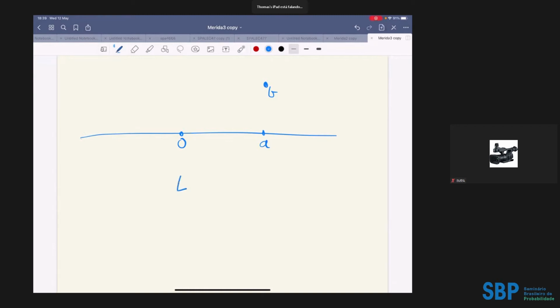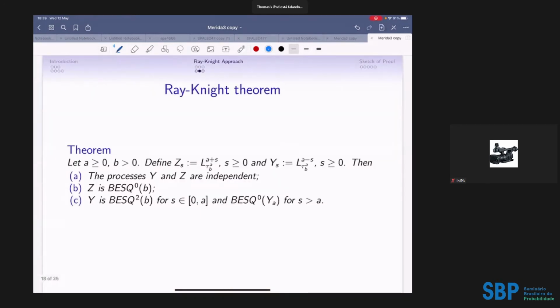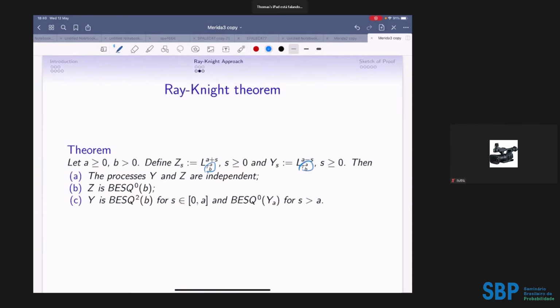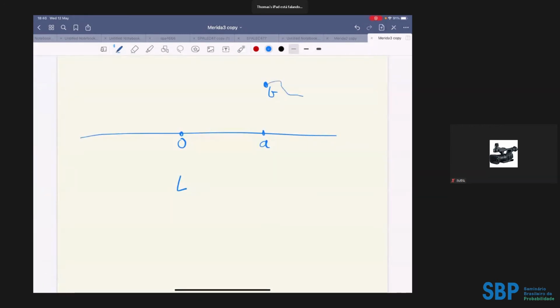Well, if you look at the local times at this random time tau A B, as you move in this direction, it's going to be a Bessel squared with dimension 0, starting off at value B. If you move in the other direction, you're moving time in this direction, so you're reversing time on 0 A, and it's going to be a Bessel squared with dimension 2 until you get to the origin.